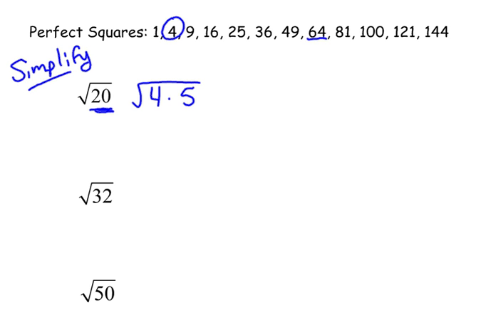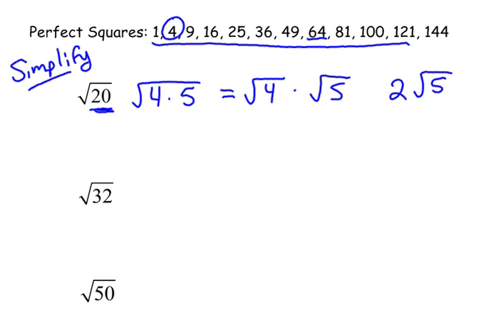Now we're going to split these apart, kind of going backwards from what we just learned. The square root of 4 times 5 is the same as saying the square root of 4 times the square root of 5. And we know that the square root of 4 is 2. And so we have 2 times the square root of 5. If we look at 5, the factors of 5 are 5 and 1. If 1 is the only factor that's on our list up here, we know that we're finished. So that's 2 times the square root of 5.